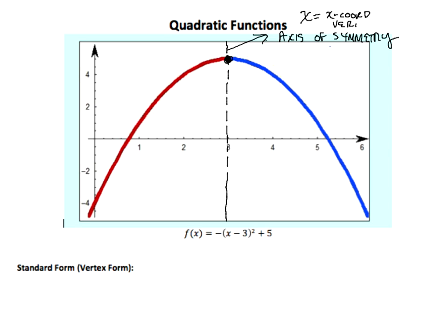I'm just going to put x-coordinate of the vertex. So let's just think about that. Let's say that this vertex actually is 3, 5. So the equation of this axis of symmetry is x equals 3, because it always goes through the vertex, because parabolas are always symmetrical.